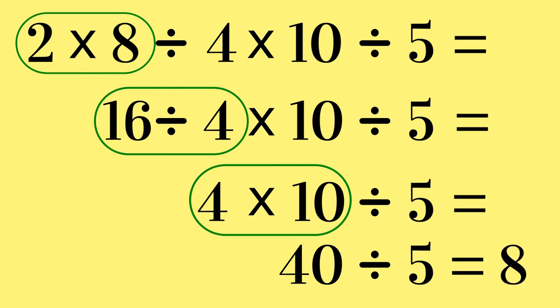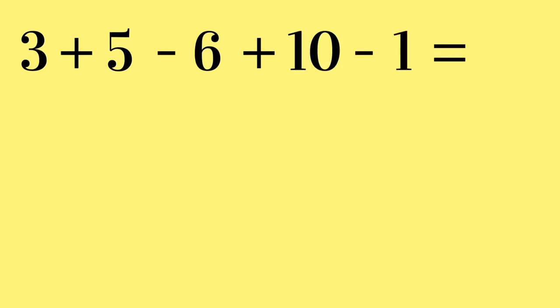The same is true for addition and subtraction. For example, if you had 3 add 5 subtract 6 add 10 subtract 1, rather than completing all the addition operations first, followed by the subtraction operations, you can complete these in order from left to right.